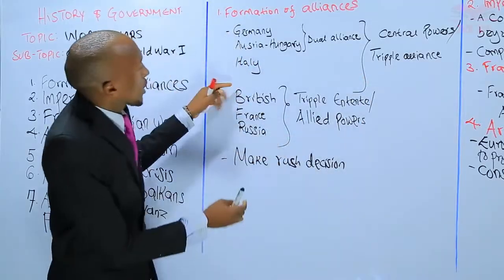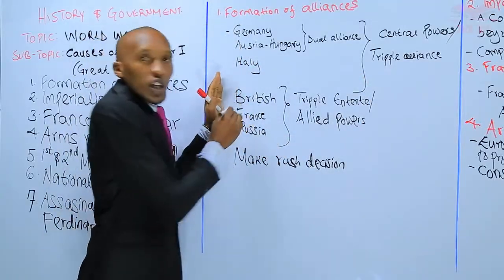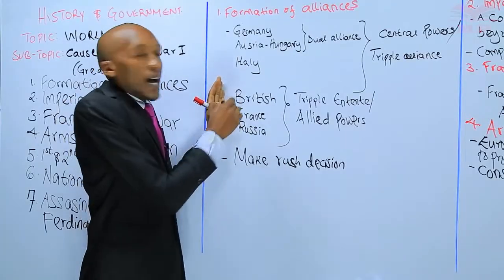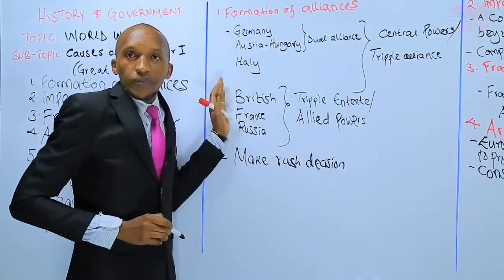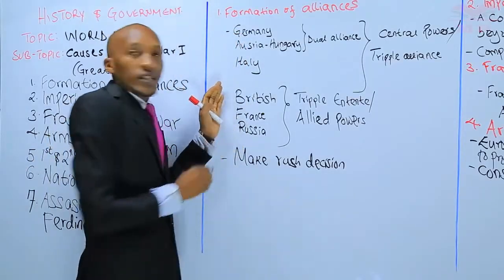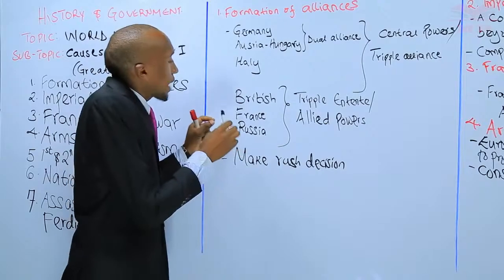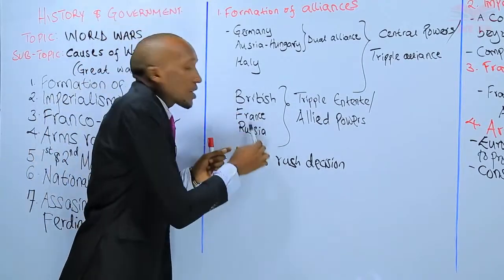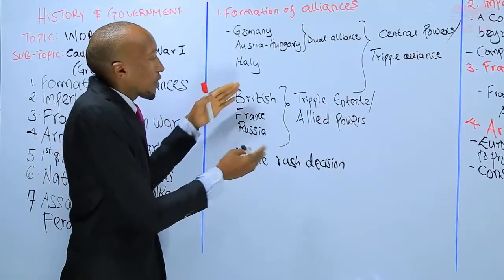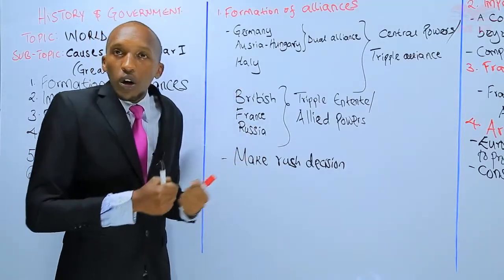Like, for example, you will find that the British were trying to produce arms that are better than the arms produced by the Germans. You'll find that the Russians are trying to produce arms that are better than the Germans, even amongst themselves, because even as you are fighting together, you need to arm yourself.